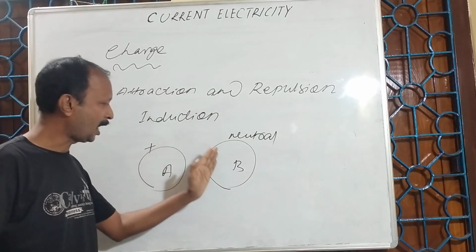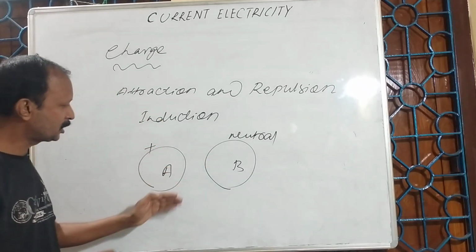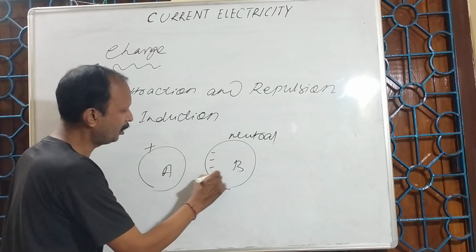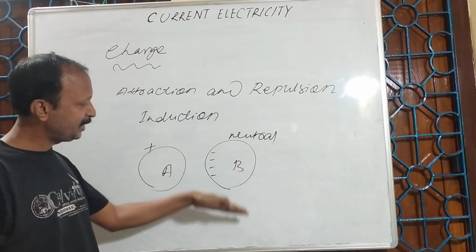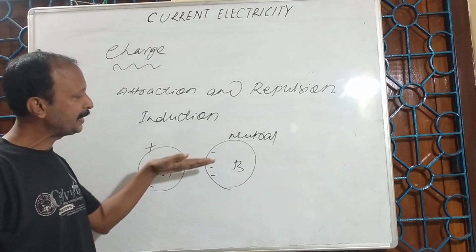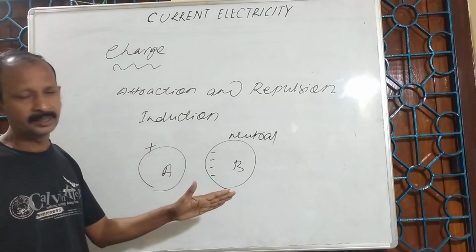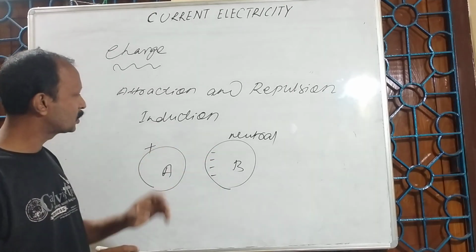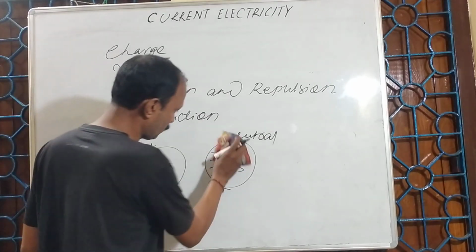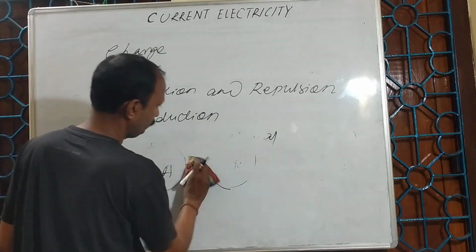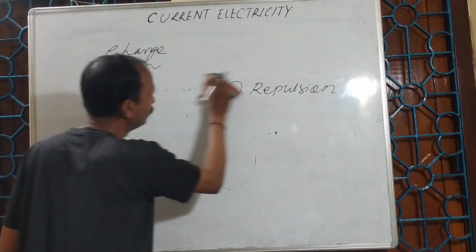An opposite charge develops here. Since A is positive, here will be the negative charge. That means body B gets charged by induction without making contact. This is called electric induction, or you can say induction of charge.